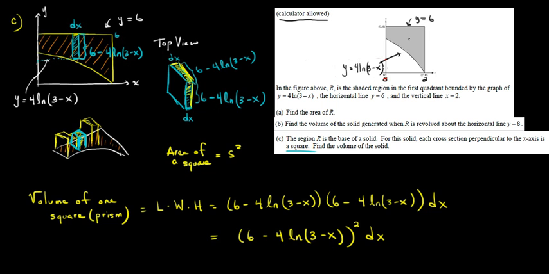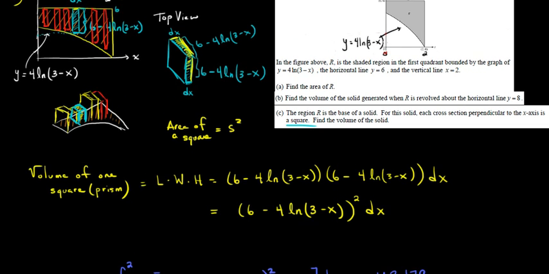Well, again, imagine this idea of doing infinitely many squares, and if you add them all up and make them extremely thin, then you would eventually get the whole volume of the entire figure here. So that's the goal. If we're going to be accumulating infinitely many things, then we better be taking an integral. So that's exactly what we're going to do here.